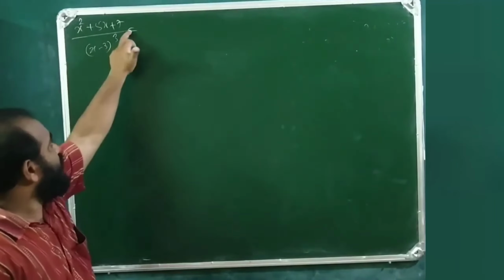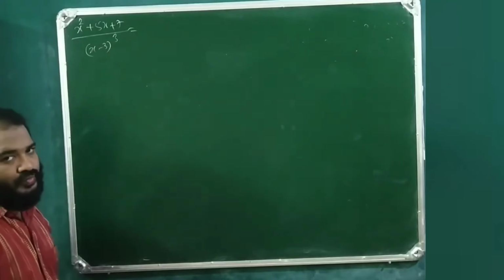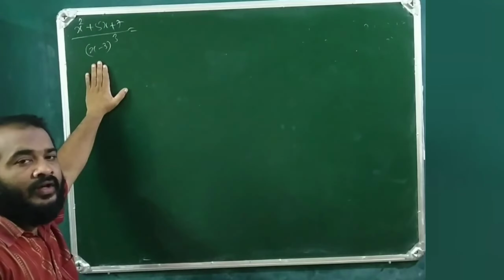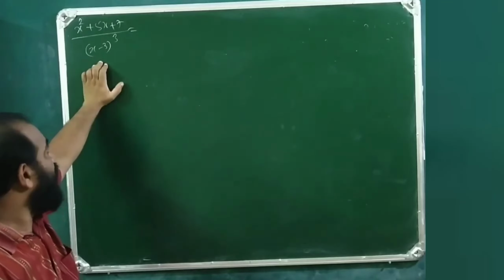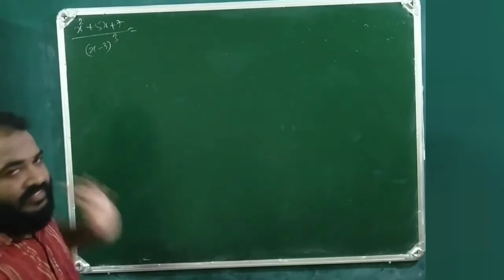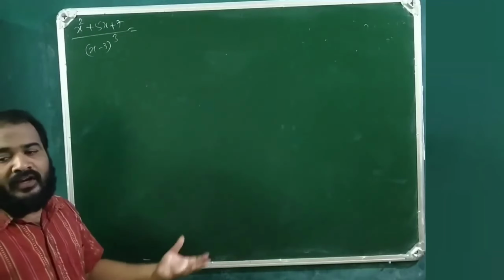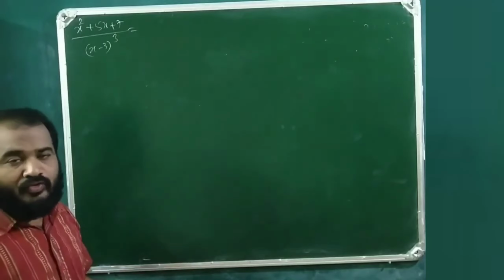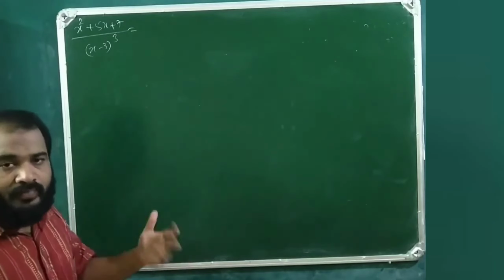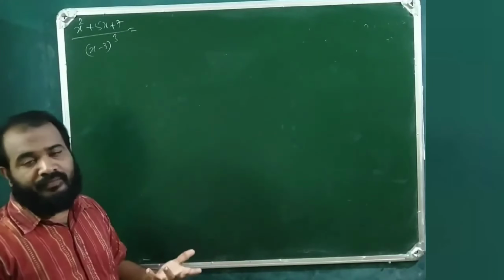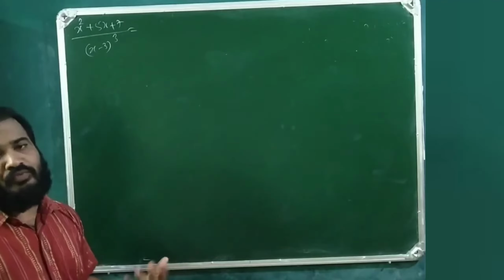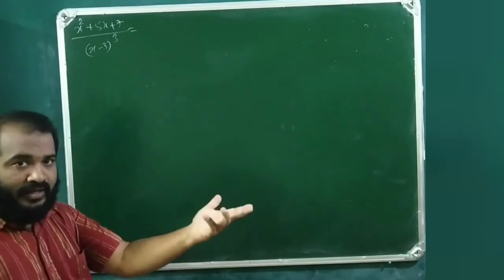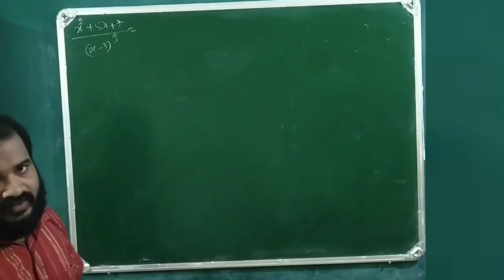Next, x square plus 5x plus 7 by x minus 3 whole cube. Here the denominator contains a repeated linear factor, repeated thrice. So for every repeated linear factor of (ax plus b) whole power n, there correspond partial fractions of the form a1 by ax plus b, a2 by (ax plus b) whole square, a3 by (ax plus b) whole cube, etc., an by (ax plus b) whole power n.